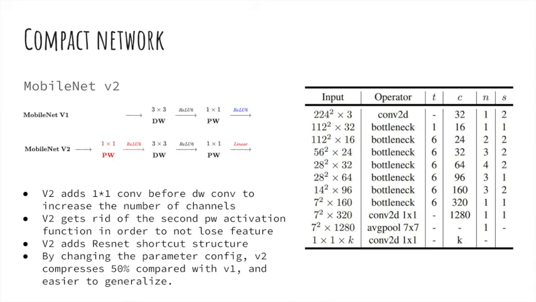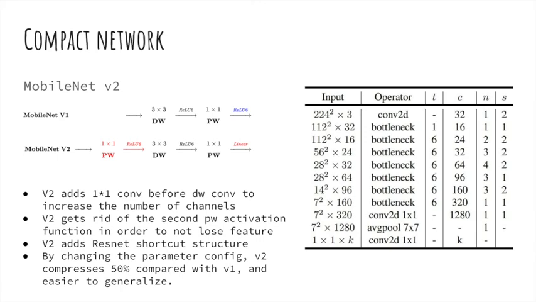On the contrary, it is to increase the input channels. And v2 also erases the second pointwise activation function so as to not lose feature information, as ReLU will throw away the negative numbers in the feature map. Instead of using ReLU, it directly uses linear. It means that there is no activation function. v2 also uses the shortcut structure in ResNet.